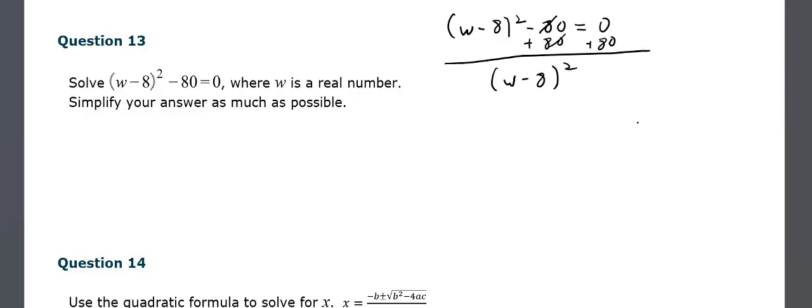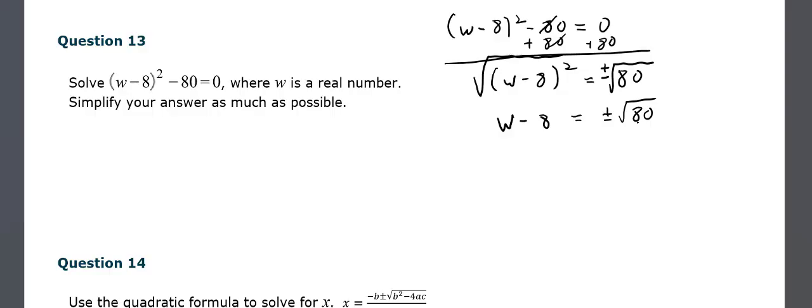So on the left hand side I have the quantity w minus 8 squared, and on the right hand side I have positive 80. Now we're going to use the square root property. So I'm going to take the square root of both sides, keeping in mind I have two solutions, the positive and the negative. On the left hand side I have w minus 8. And on the right hand side I have positive or negative square root of 80.